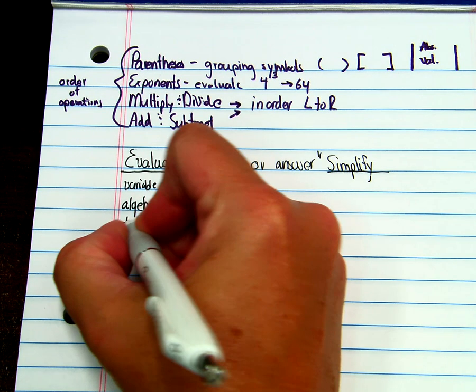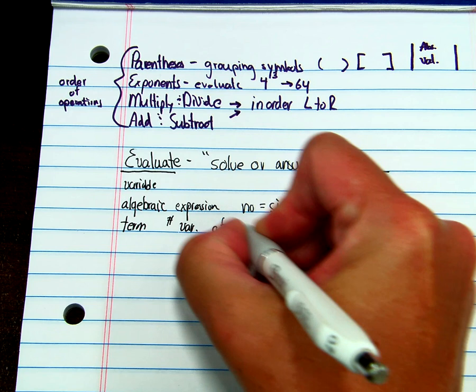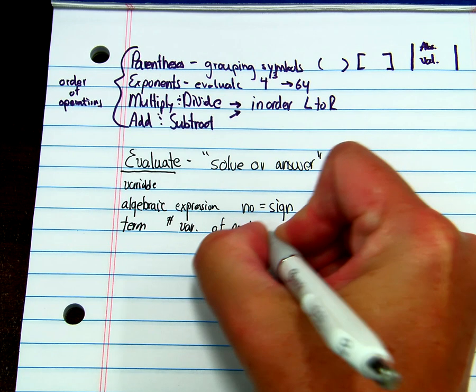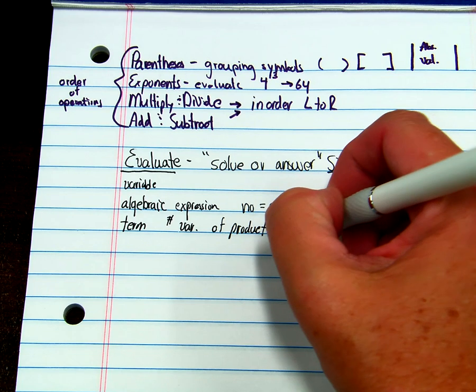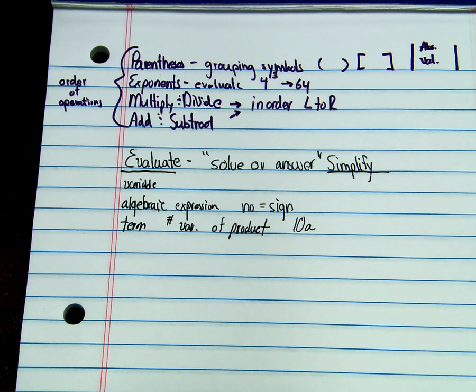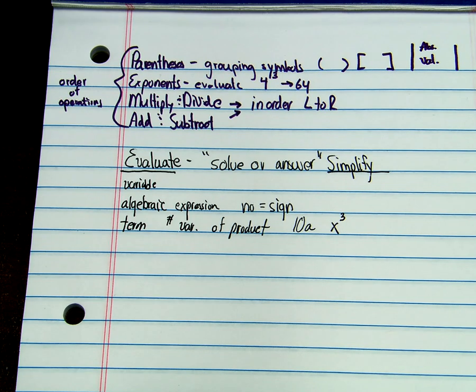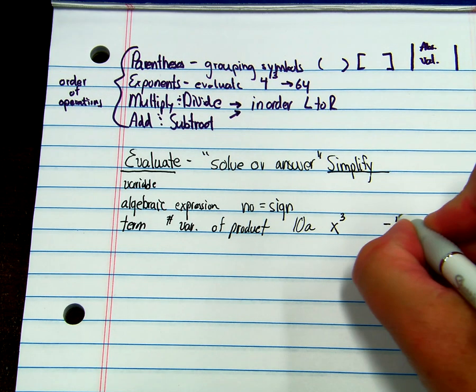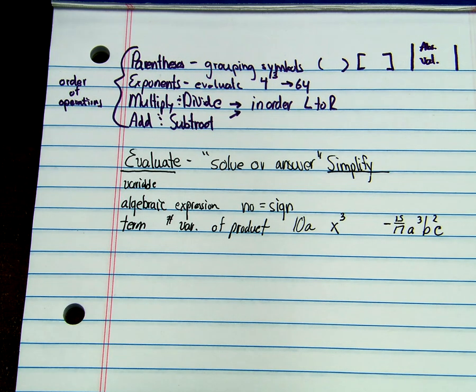A term could be a number or a variable or the product of a number and variable. For example, just some examples of a term. 10a is a term, right? X to the third, that's a term. Negative 15/17 a to the third b squared c, that's a single term.